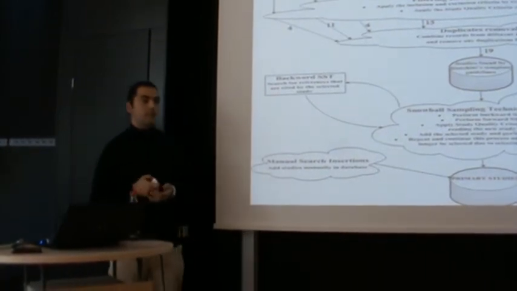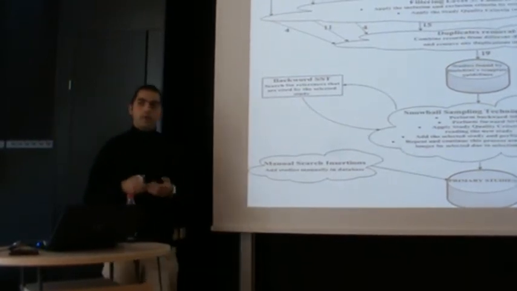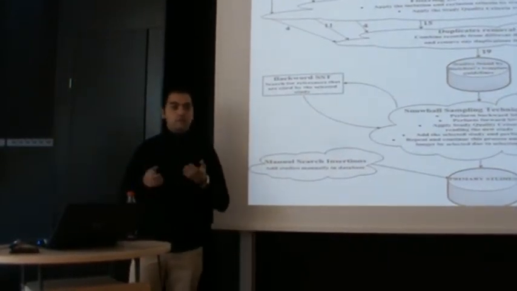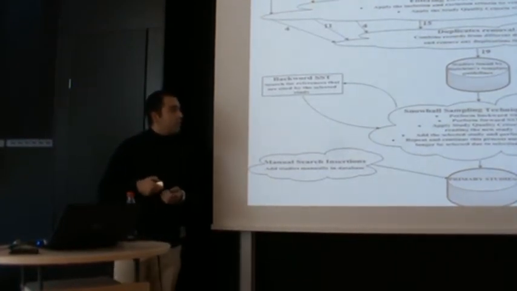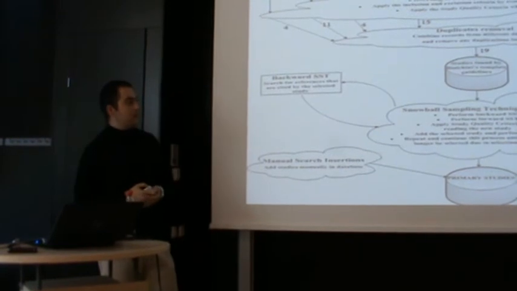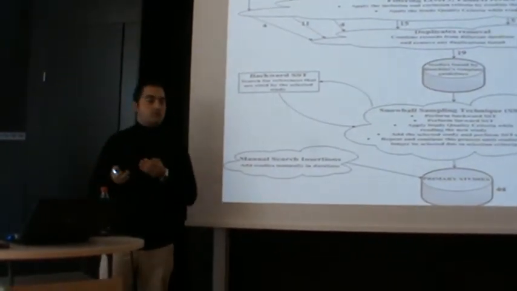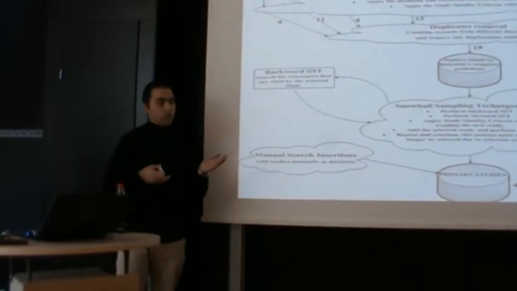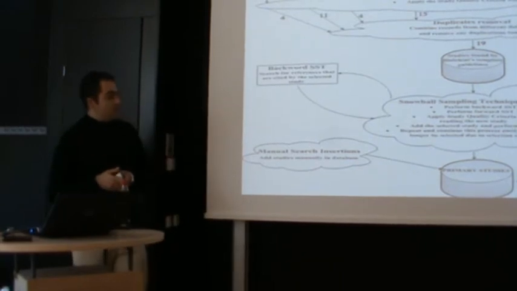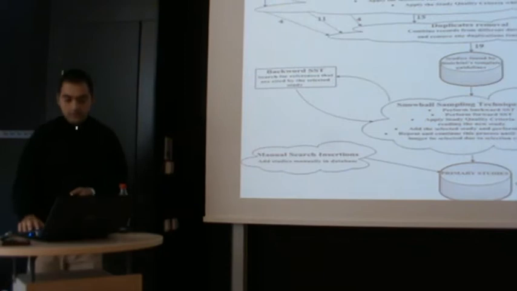For backward snowball sampling, we looked at the reference lists of these 19 articles and selected the articles that suit our purposes. The forward snowball sampling technique is looking for other articles which used these 19 articles and cited them in their research. And we ended up with 44 articles in total.